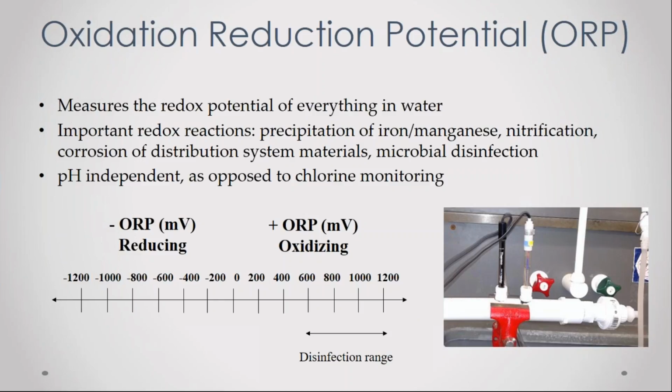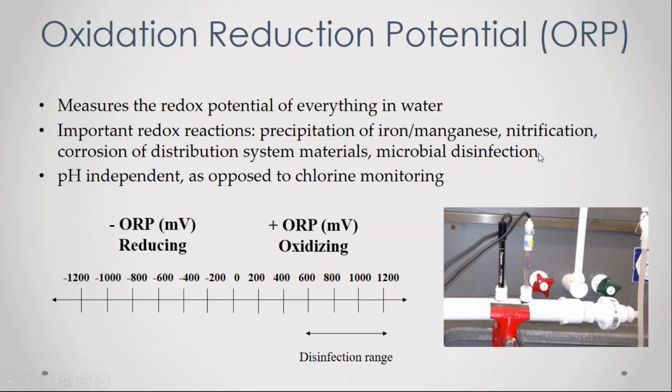So when you see an ORP reading, say it's 600 millivolts, this is 600 millivolts regardless of pH and whatnot, as opposed to a chlorine measurement, say 1 milligram per liter, where you don't really know what that 1 milligram per liter means, because we all know that there are certain forms of chlorine, and some have more oxidizing potential than others. For example, HOCl over OCl minus.